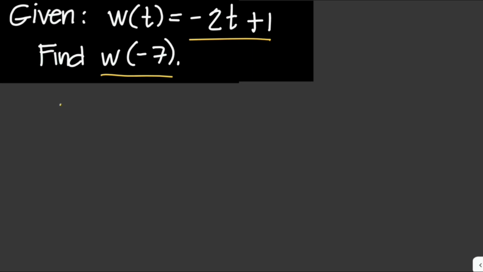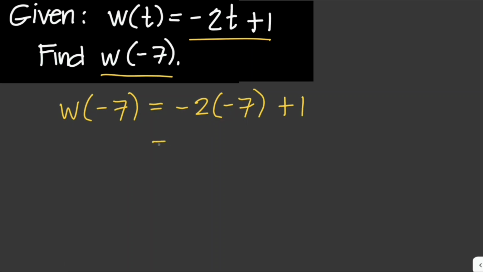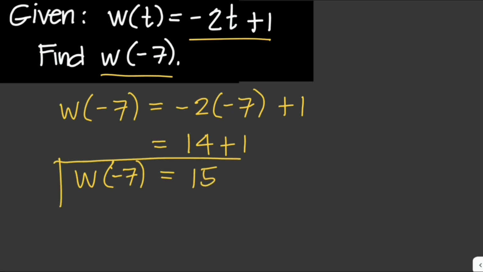So that would be w of negative 7 is equal to negative 2 times negative 7 plus 1. Then negative 2 times negative 7 is just positive 14 plus 1. Therefore, the value of w of negative 7 is just equal to 15. So this is our answer here.